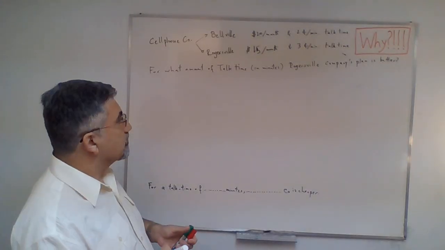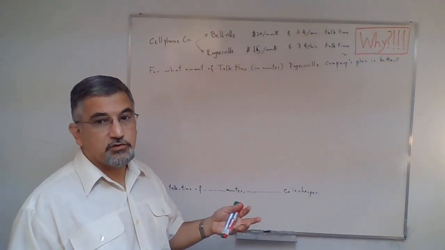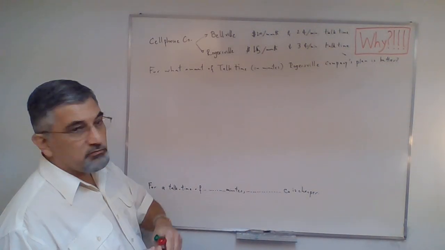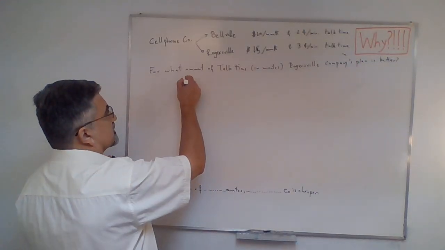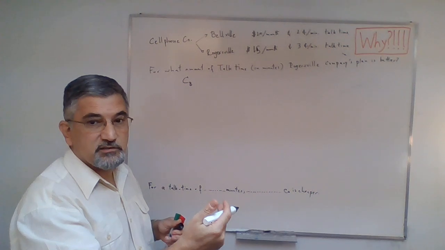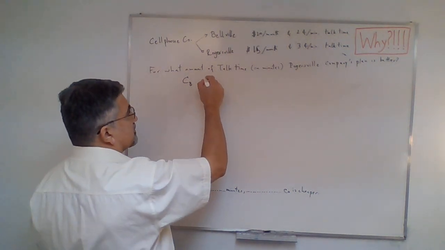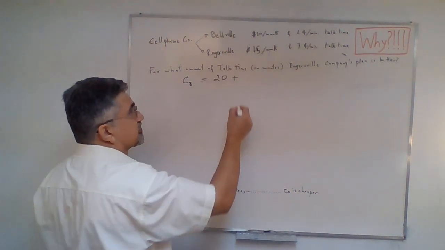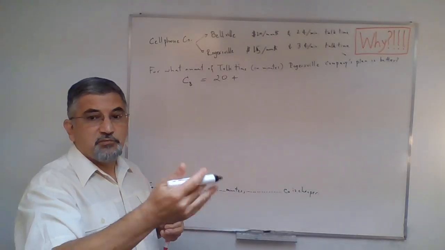Actually, in the future, you'll be saving some money. So we have to model this situation first of all. For Belleville, I'm going to call the cost C sub B. C sub B means the cost of the Belleville company is $20 plus 2 cents per minute.